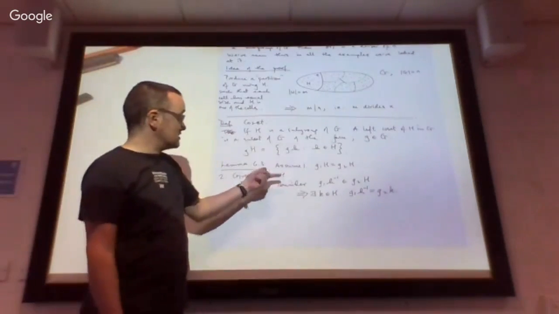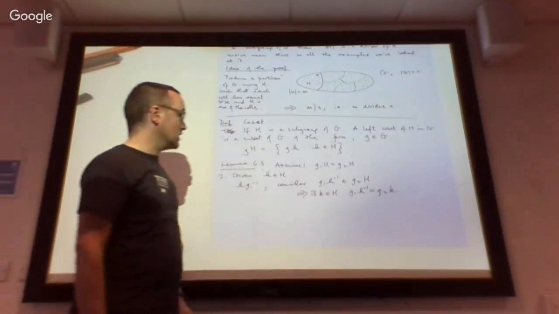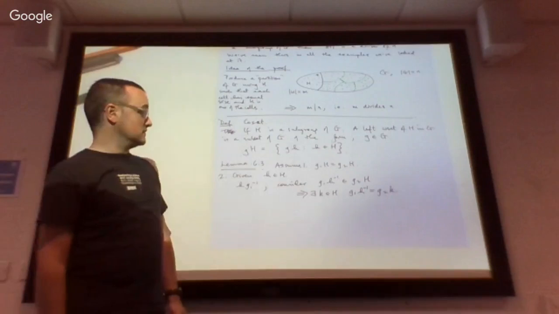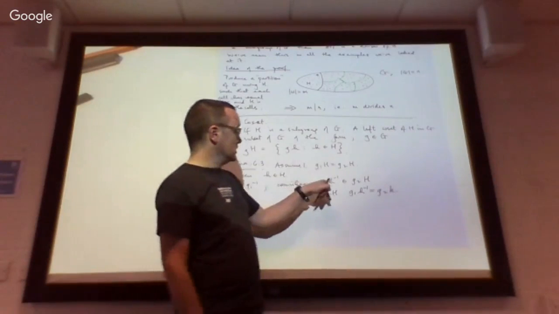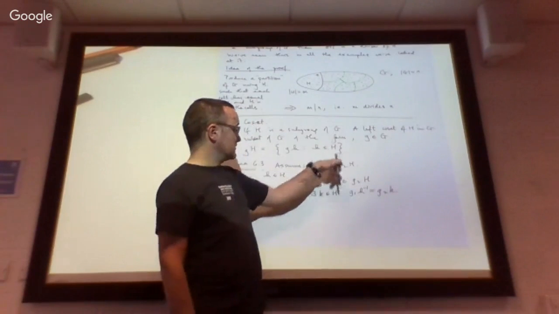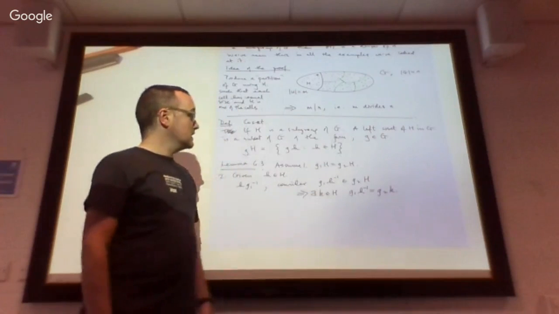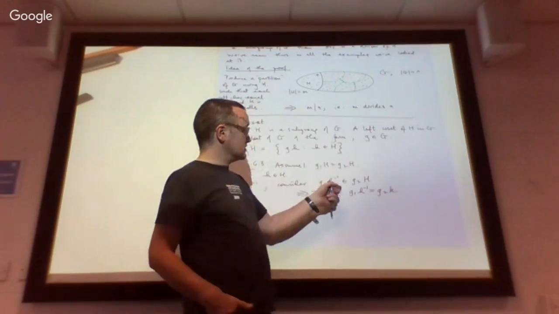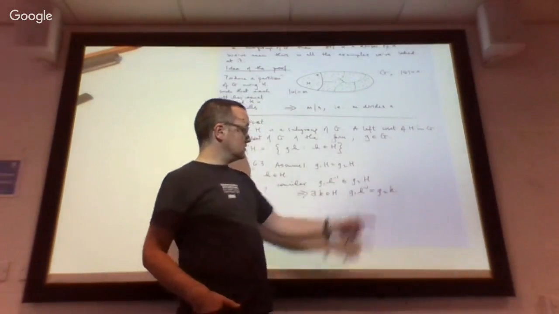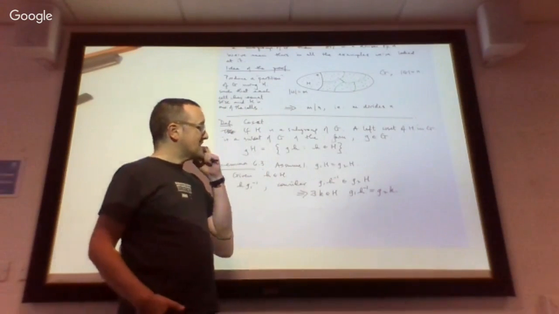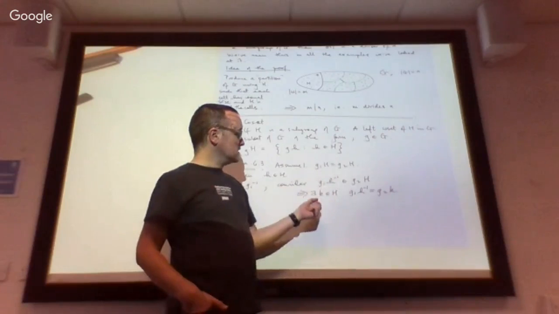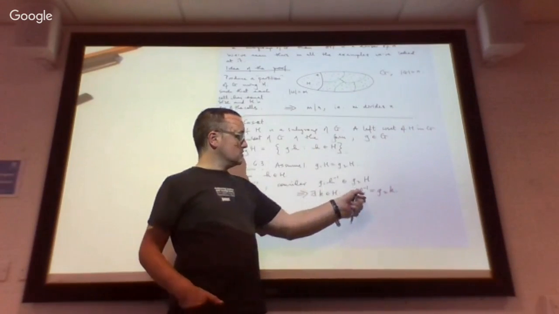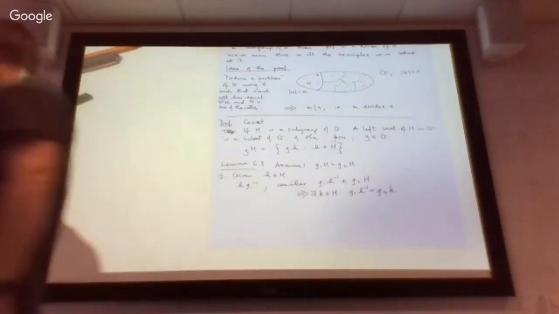If H is in the subgroup H, H inverse is equally well another element of the subgroup. So G1H inverse is an element of the left coset G1H. And if that's equal to the other coset, then G1H inverse should be an element of the left coset of G2. So there exists some element of H, calling it K, such that G1H inverse is equal to G2K.